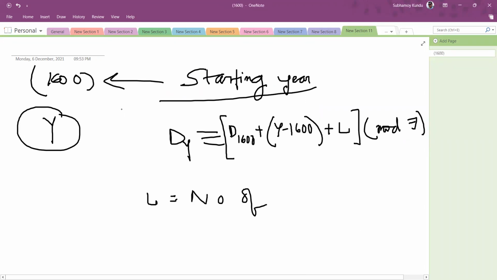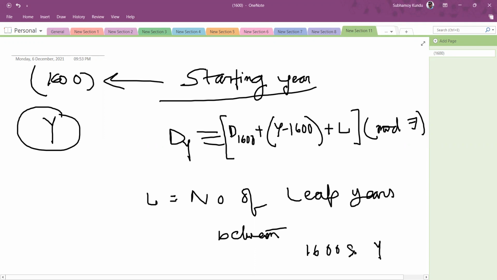For 1605 there is 1 leap year in between. But if it is y, then we have to find out the number of leap years between 1600 and y, right?